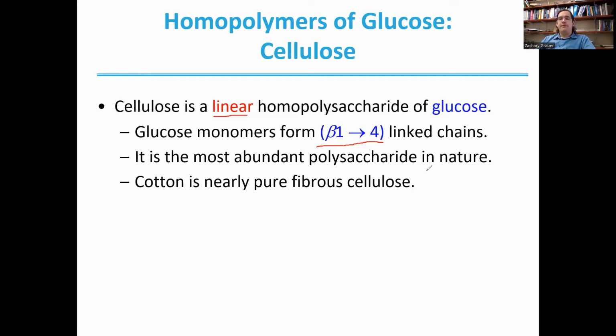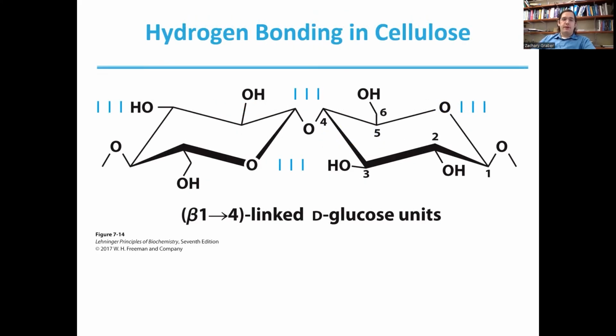It's found in a wide variety of different fibrous structures within plants. One of the interesting things about cellulose is that the beta 1 to 4 linkage changes the interactions between our sugar units. We end up with our sugar structures forming a lot of intermolecular hydrogen bonds between adjacent sugar monomers.